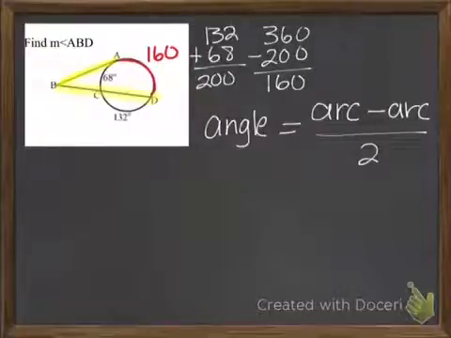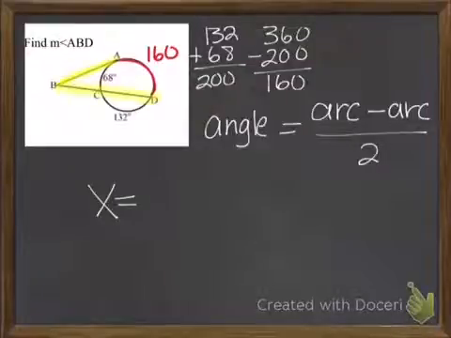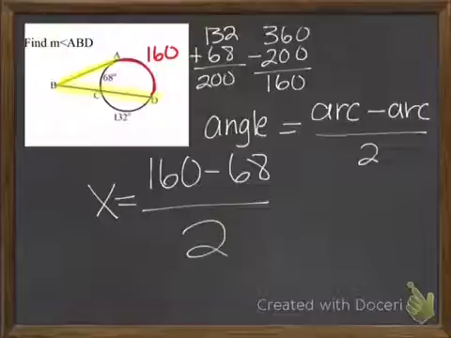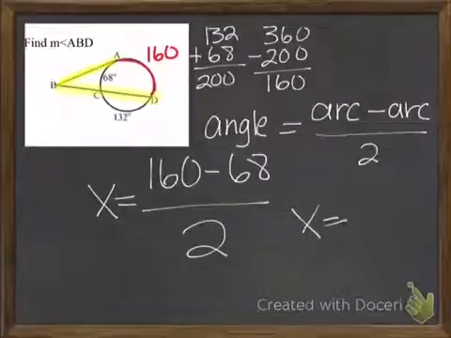So what we're going to do is x equals 160 minus 68 and divide it by 2. And you will get x equals 46.